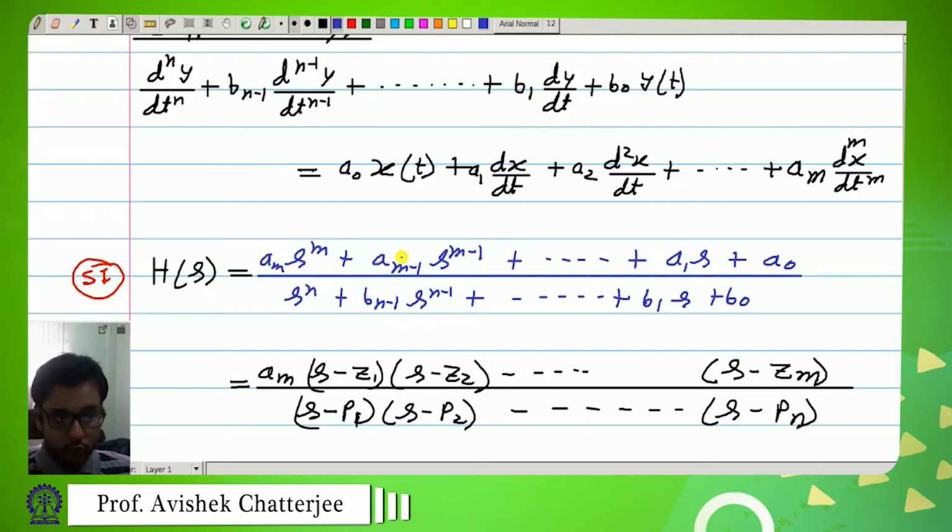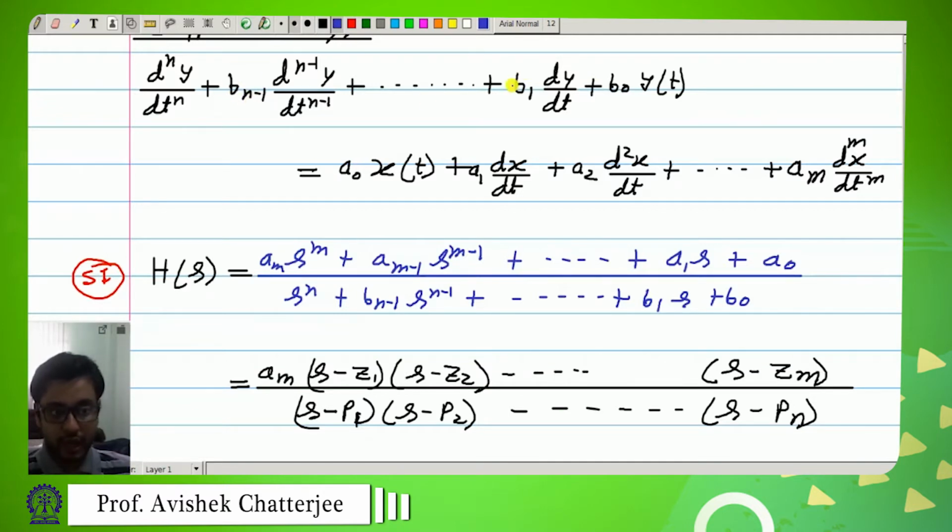Here all these coefficients will be real numbers, and that is necessary because we are getting this transfer function from this differential equation, and for a real practical system, the governing input-output relations must have real coefficients, because in practical life we cannot have any physical quantity which is complex.